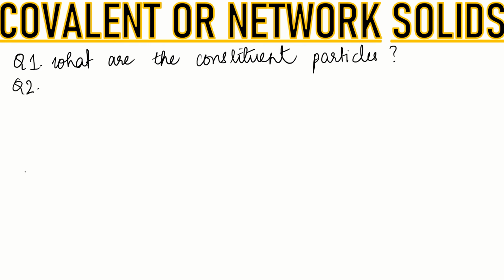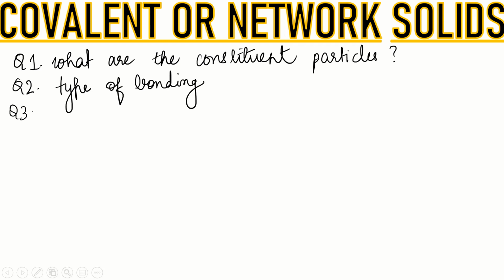A second question was what kind of bonding is seen in this solid, the type of bonding. What is the third question? The physical nature. The fourth question is about the melting and boiling point.